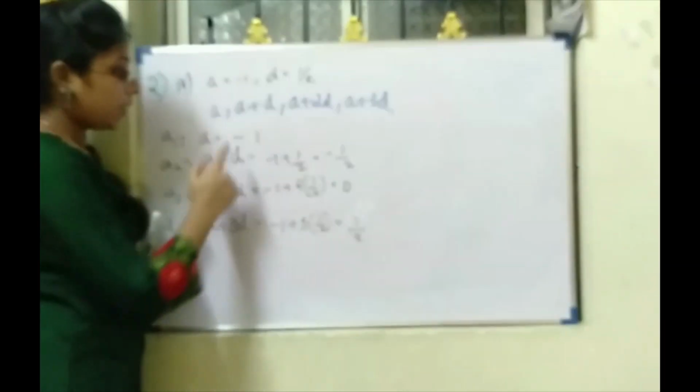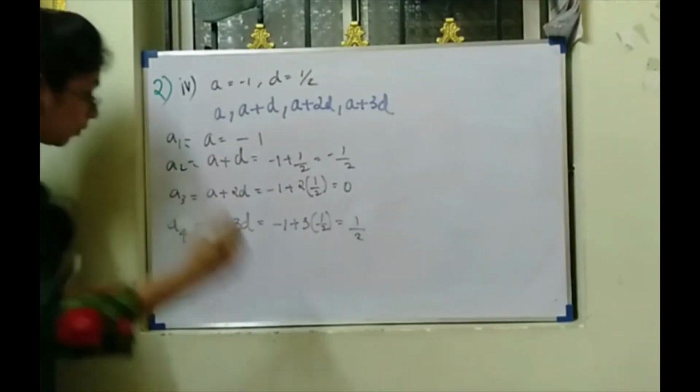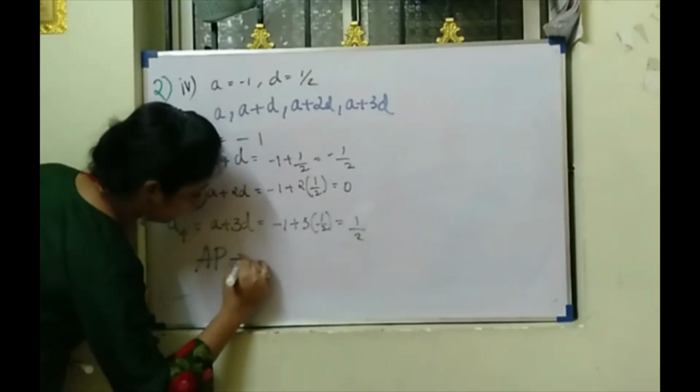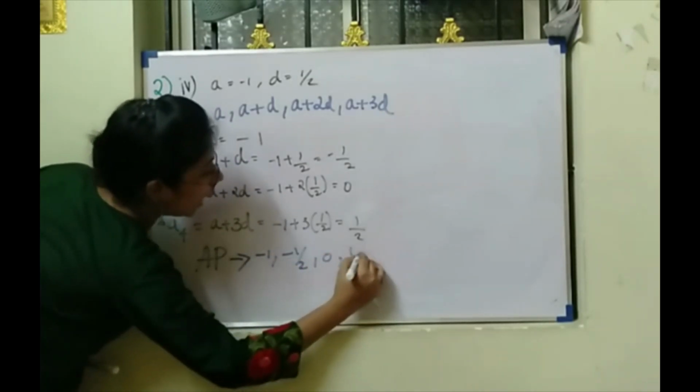And the four terms are -1, -1/2, 0 and 1/2. So the required AP is -1, -1/2, 0 and 1/2.